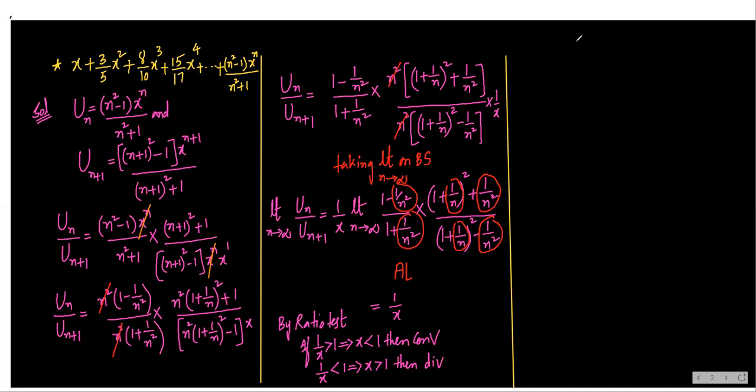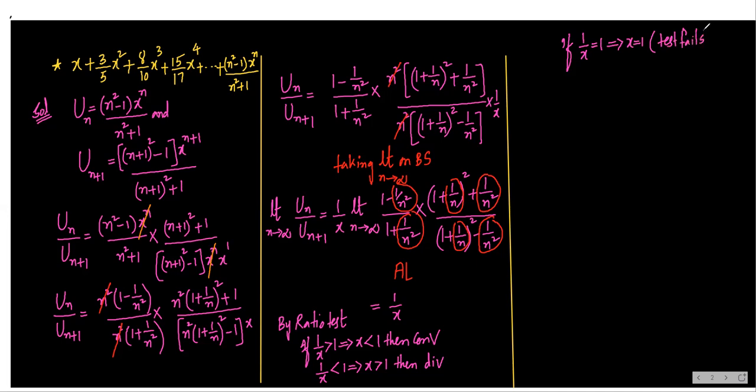And the third line: if 1 by x is equal to 1, which implies that x is equal to 1, the test fails.